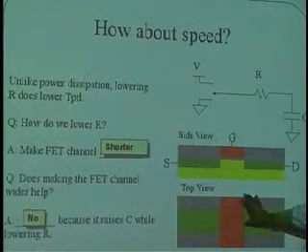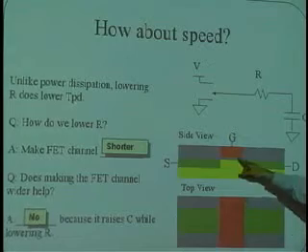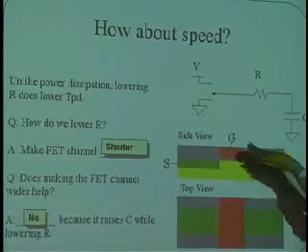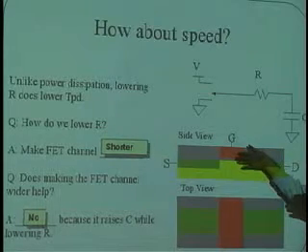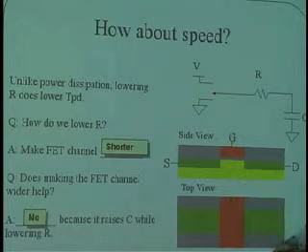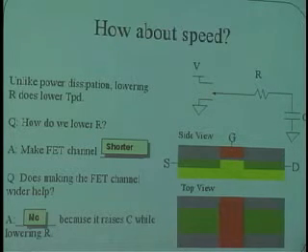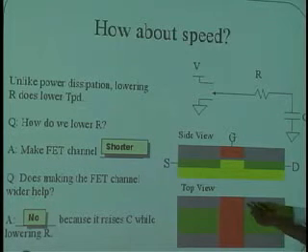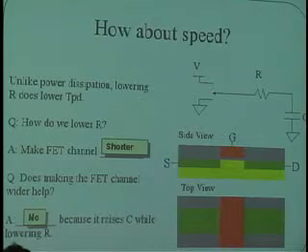However, in the process of doing that, I have made the capacitance of this junction, which extends out like this, bigger. And so if all the transistors are like this, I've made C go up just as much as I've made R go down. And this time constant RC is really the one that determines how fast the circuit will operate. Okay, so making the channels wider does not help.